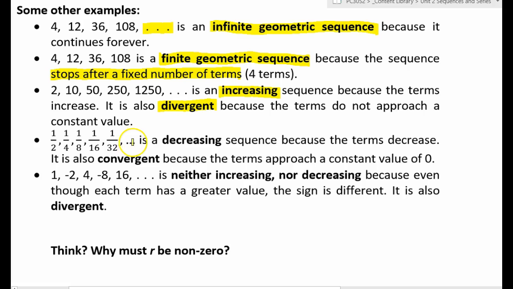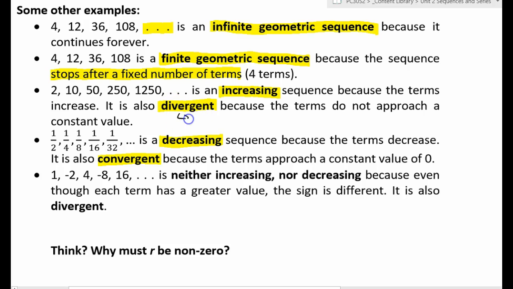This particular example, half, quarter, eighth, 16th, and 32nd, is decreasing. It's going downward towards 0, which means it's also convergent because the spaces between, or the difference between our values, is getting smaller and smaller.